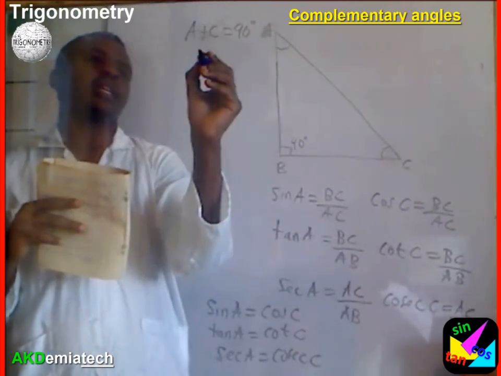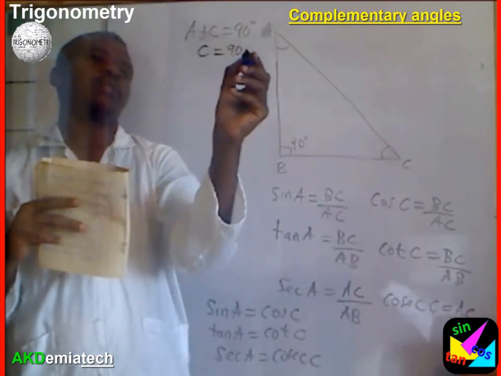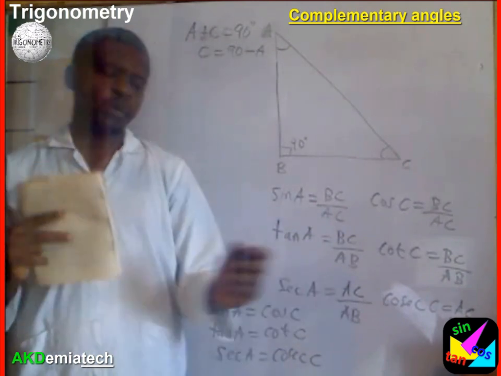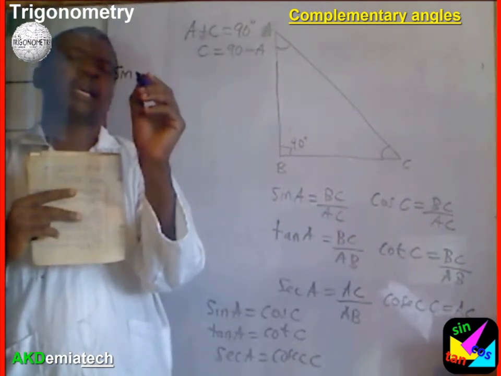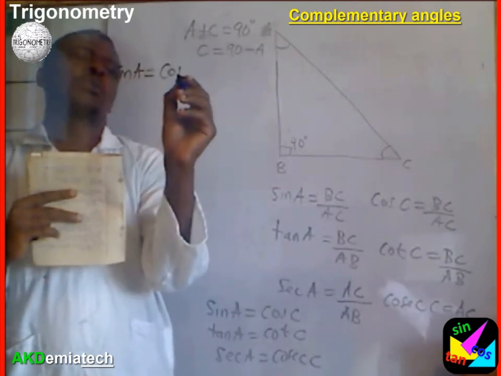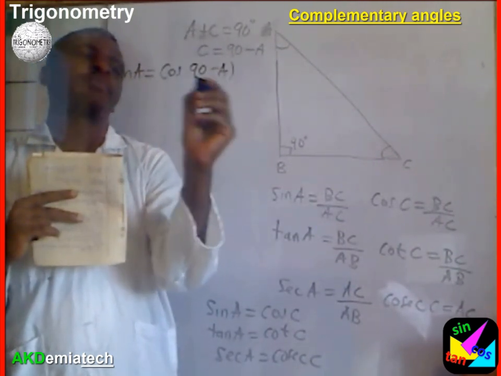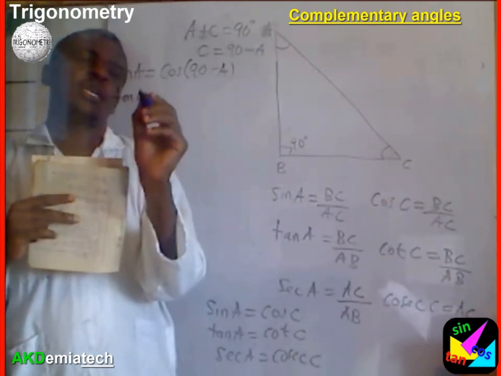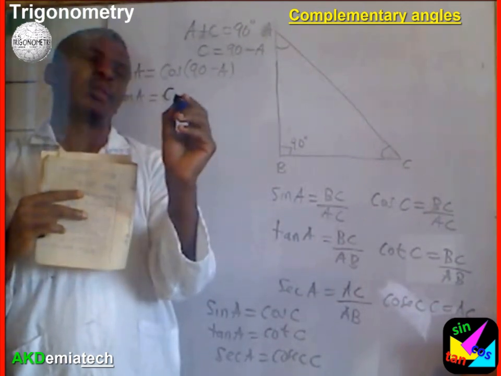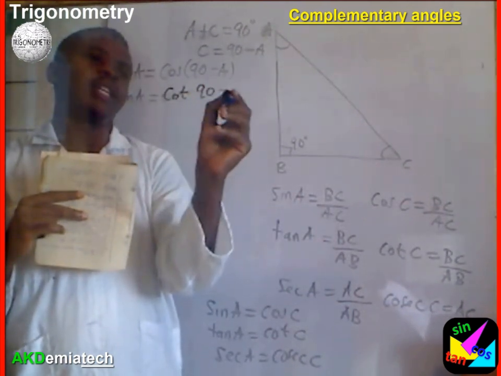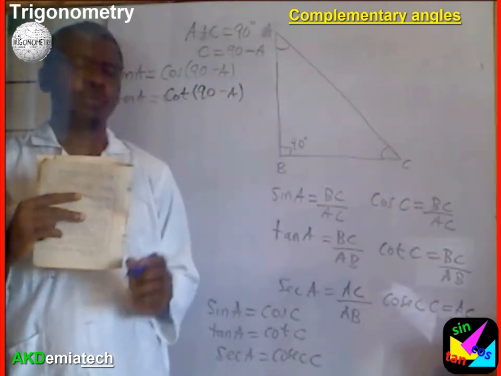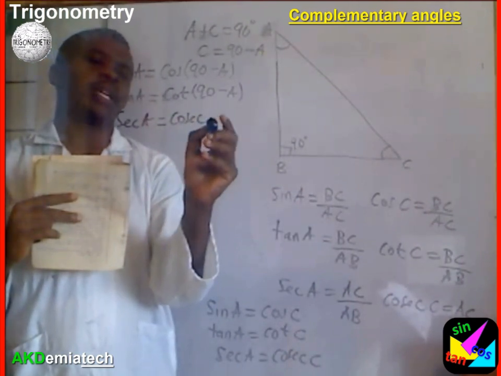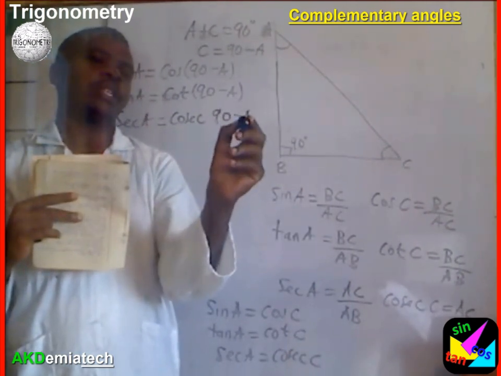So we see here that C is equal to 90 minus A. So expressing C in terms of A, we shall have sine A is equal to cos 90 minus A. Tan A is equal to cot 90 minus A. Sec A is equal to cosec 90 minus A.